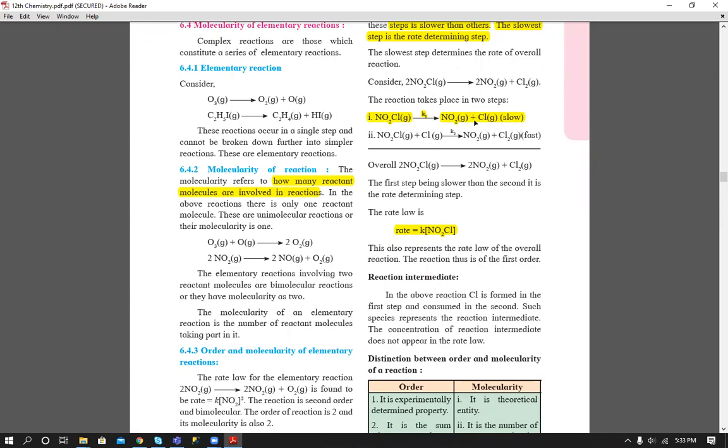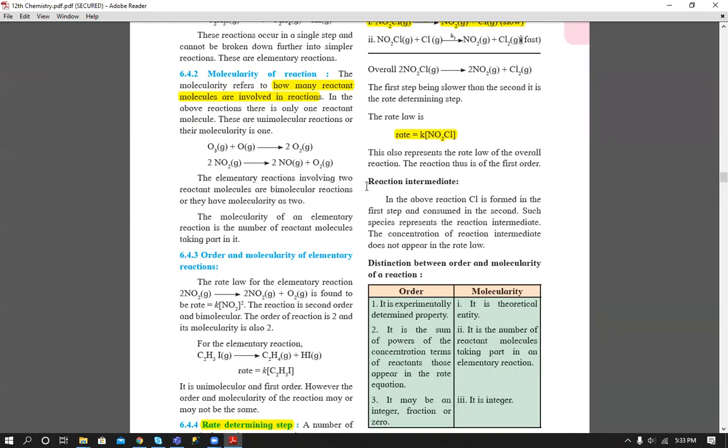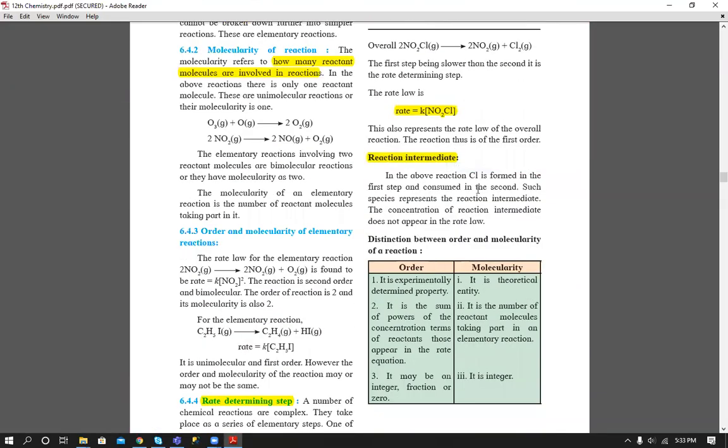So remember this reaction intermediate also. This question comes for 2 or 3 marks. So you have to identify what is the reaction intermediate and what is the rate determining step.